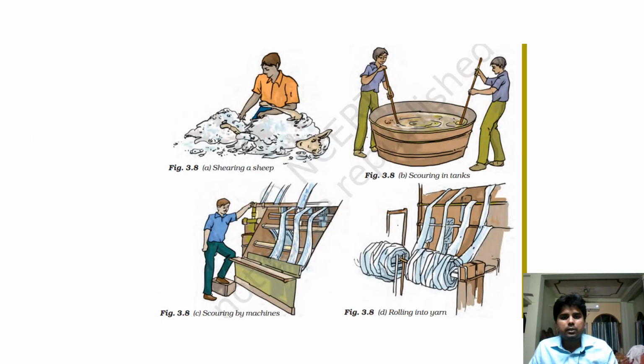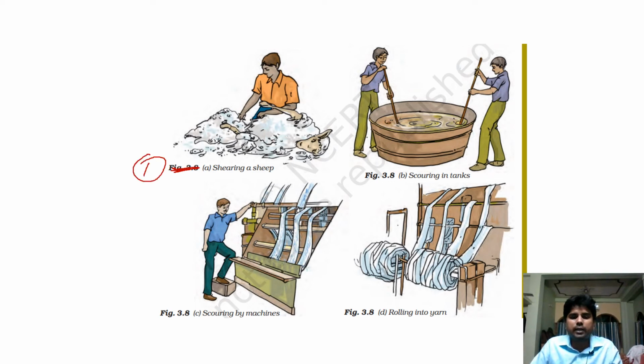Okay, so now we have to know what the different steps are through which this wool is made. The first step is shearing of sheep.